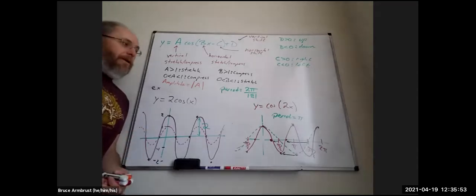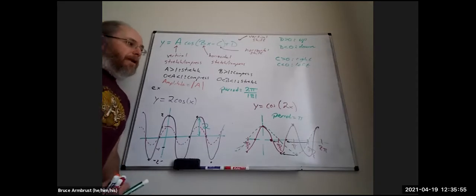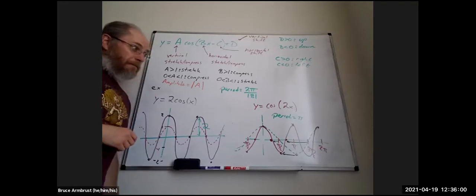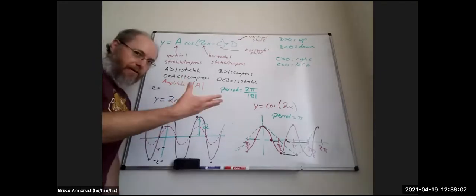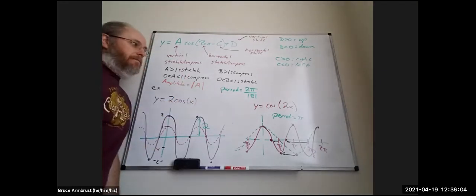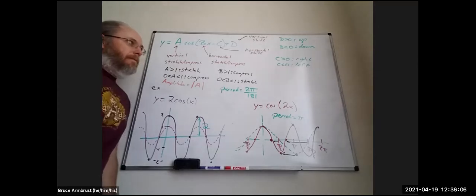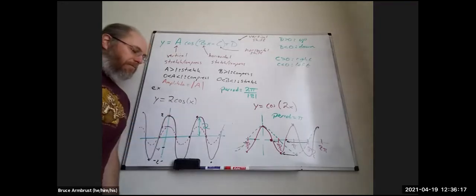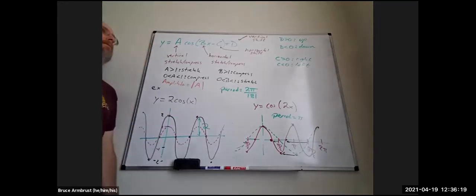That comes from the original period. And then we end up dividing by that B so that when it's bigger than 1, it compresses it down. All right, so that's what B does, changes the period.